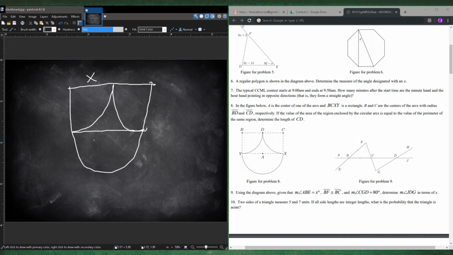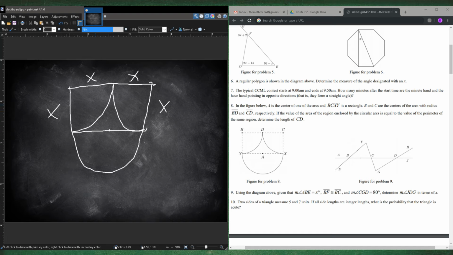Since technically they said that X, Y and A is a circular arc, then it's gonna be a circle, right? So technically X is equal to X over here. So that's what we know. So since this is a circle, that means this is also X, right? This is the center. So, and this is also X. And then if you make a point here, basically.